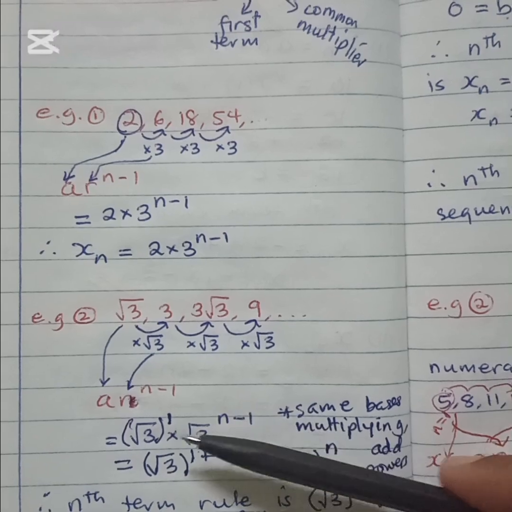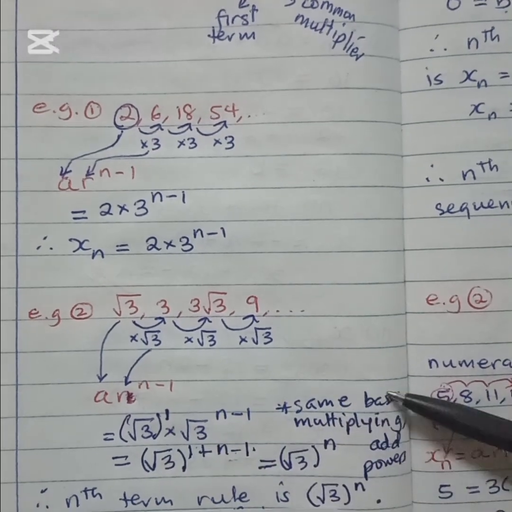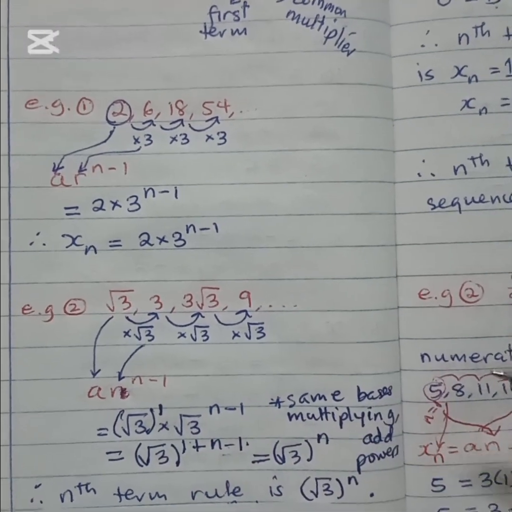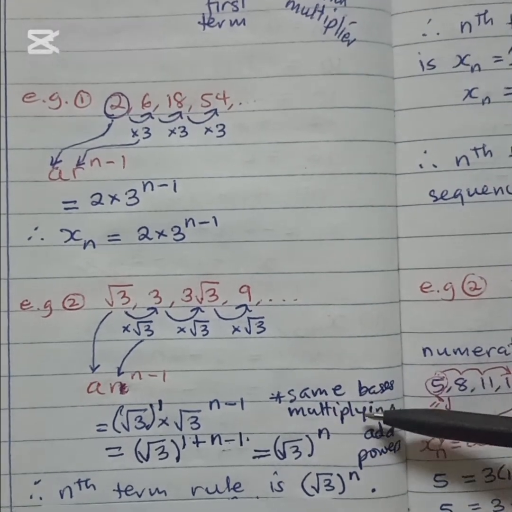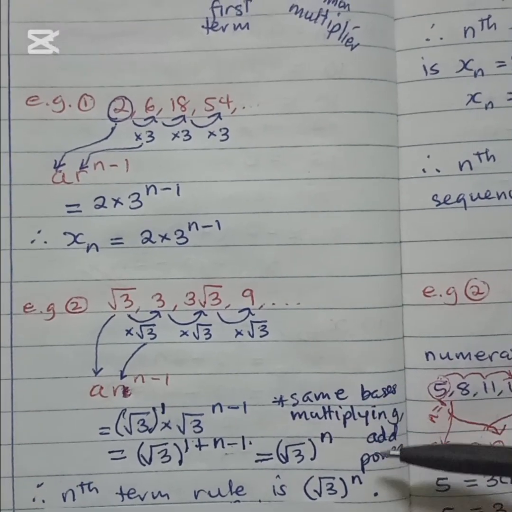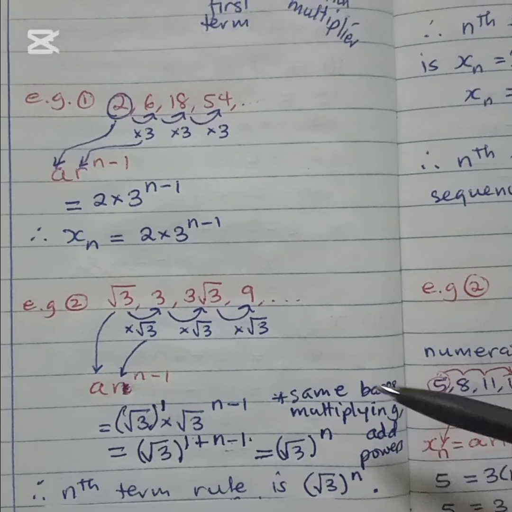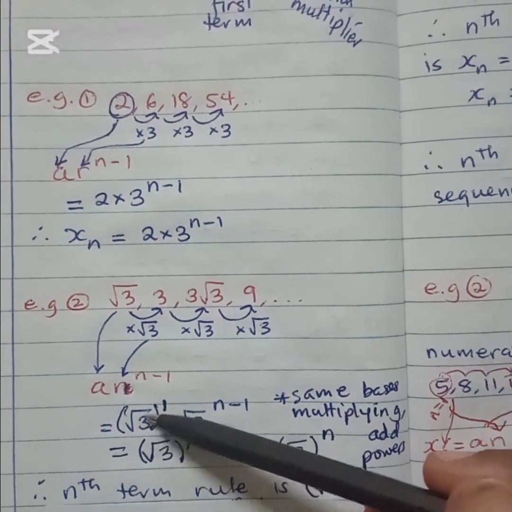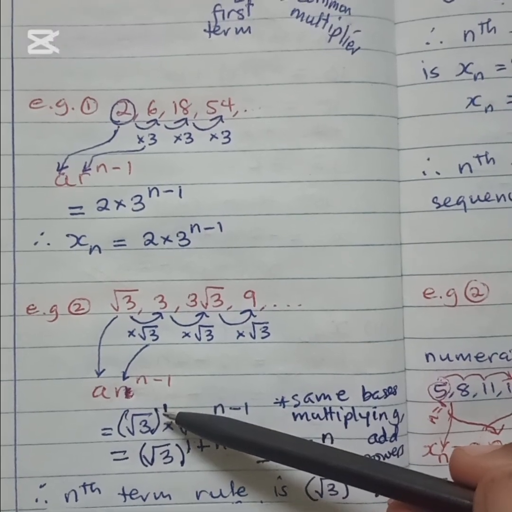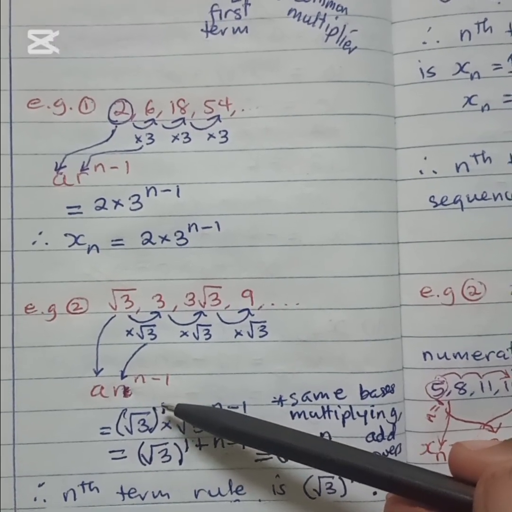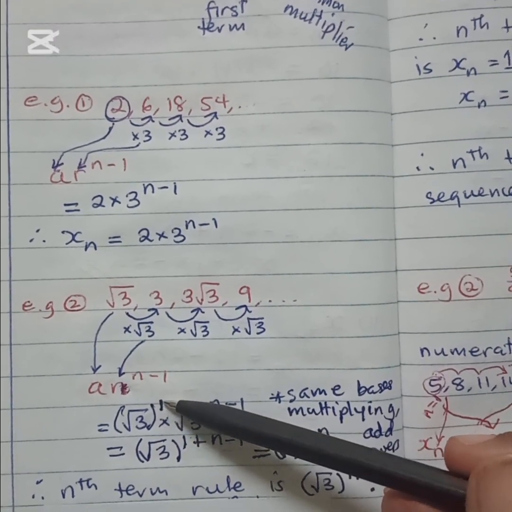Now take note, root 3 and root 3 are the same base and they are multiplying, so the rule for indices says when you have the same base multiplying, you add the powers. Now, root 3 here didn't have a power before, but anything and everything always has a hidden power of 1.